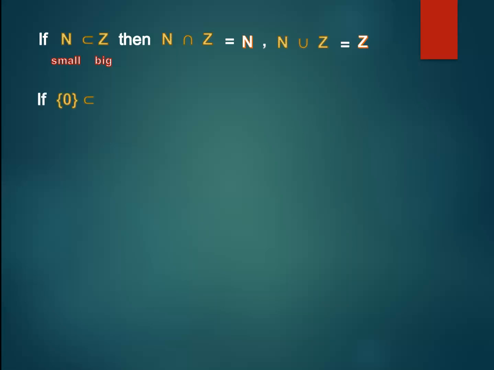If the set of 0 is a subset of Z, then the set of 0 intersect Z, we must know which one is the smallest and which one is the biggest.